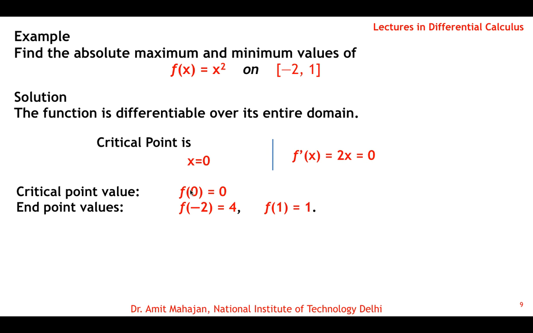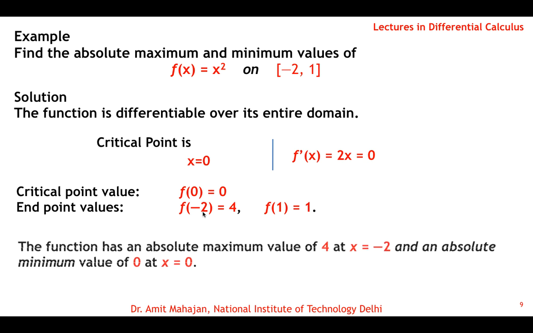We now have these three values. We can compare and see that 4 is the maximum value and 0 is the least value. So the point of absolute minima is 0 and the point of absolute maxima is -2.